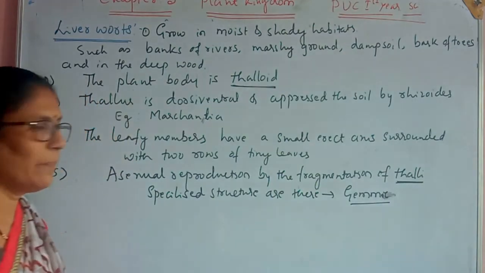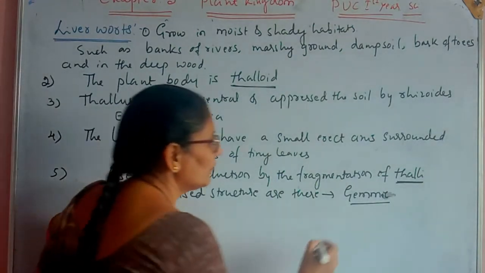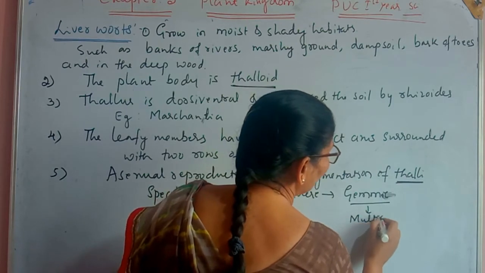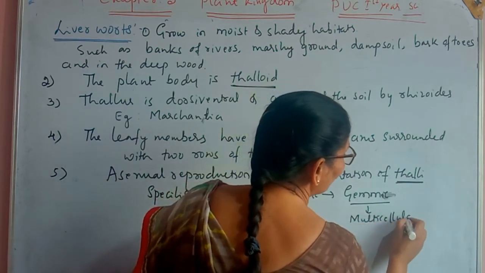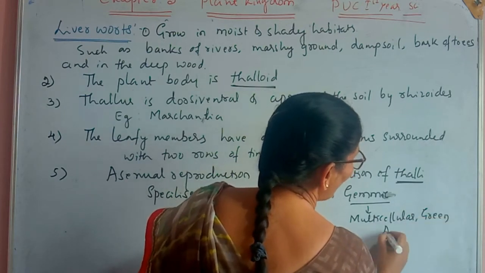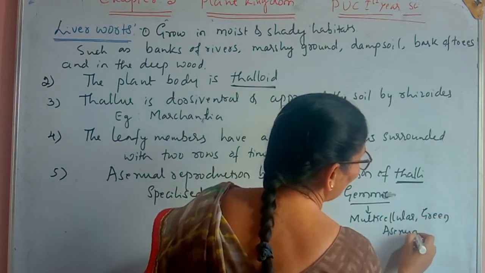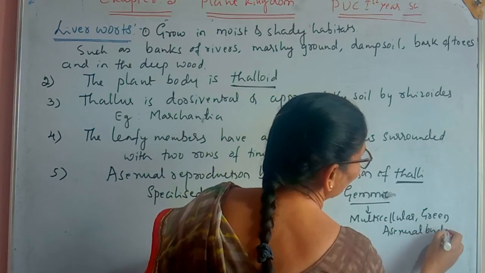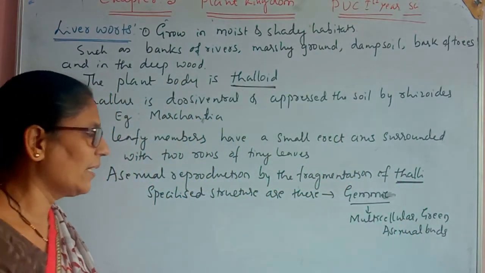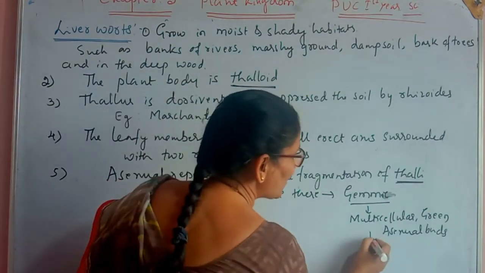And these gemmae are multicellular green asexual buds, and they develop in a receptacle.